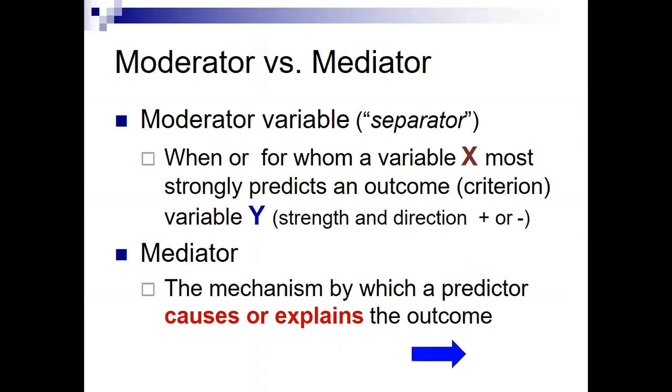So when or for whom a variable X most strongly predicts an outcome or criterion variable, that's the dependent variable, it strengthens the value of that beta, the relationship, then we'd say that's a moderator. Now, of course, a mediator is simply a process by which a predictor variable or independent variable causes or explains the outcome, okay?